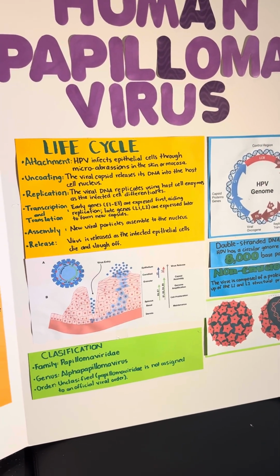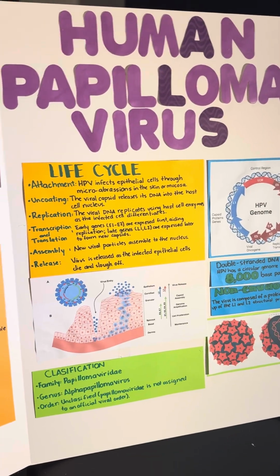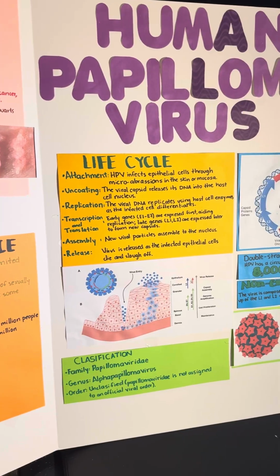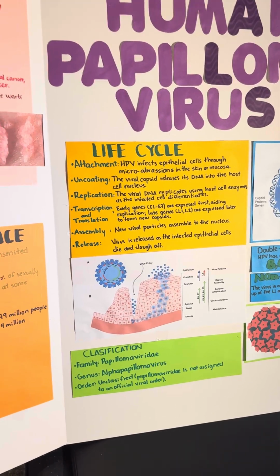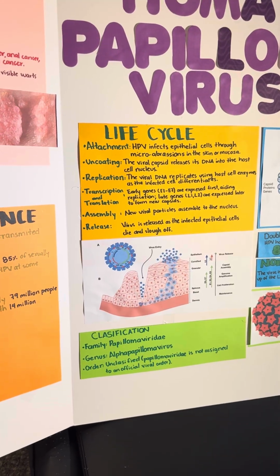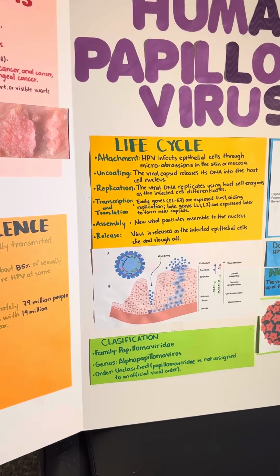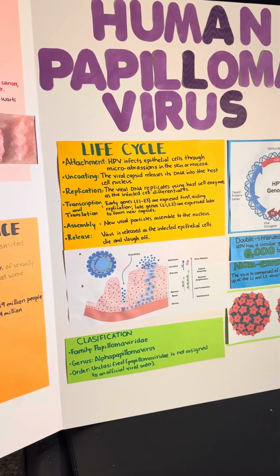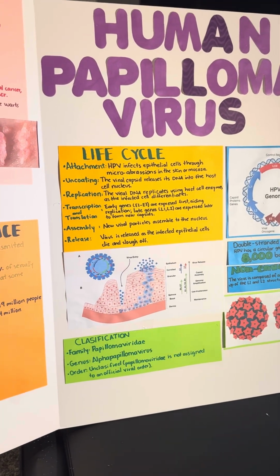Okay, about the life cycle of this virus, we have the regular cycle as so many other viruses, and we have the attachment. The HPV infects the epithelial cells through microabrasions in the skin or mucosa. Then we have the uncoating phase, where the viral capsid releases its DNA into the host cell nucleus.